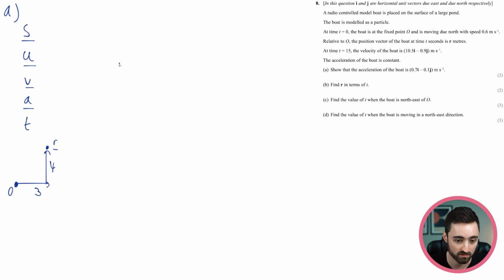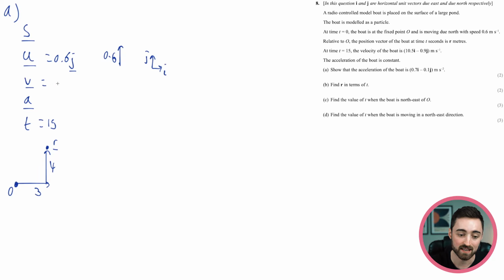Well, due north, remember, i's and j's, so 0.6 north is 0.6j, isn't it? V, do we know this final velocity? We do, because it says at time t equals 15 the velocity of the boat is 10.5i minus 0.9j. Sick, okay.